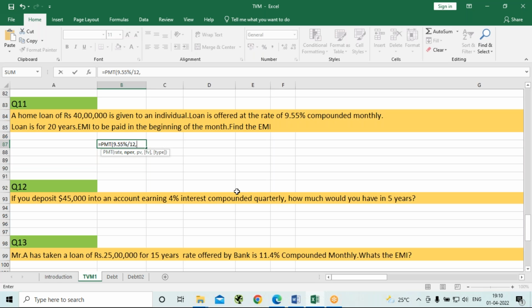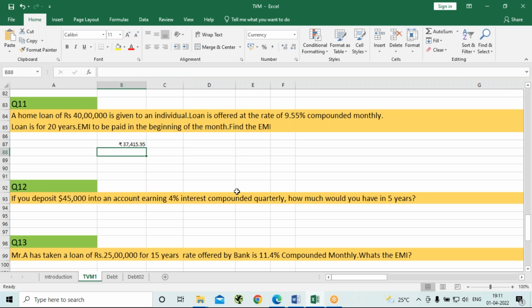We call the term tenure, the time taken to clear the loan. It is 20 into 12. The next comma, present value is minus 40 lakhs. Then comma, FV is 0, and this is end of period. Close the bracket.